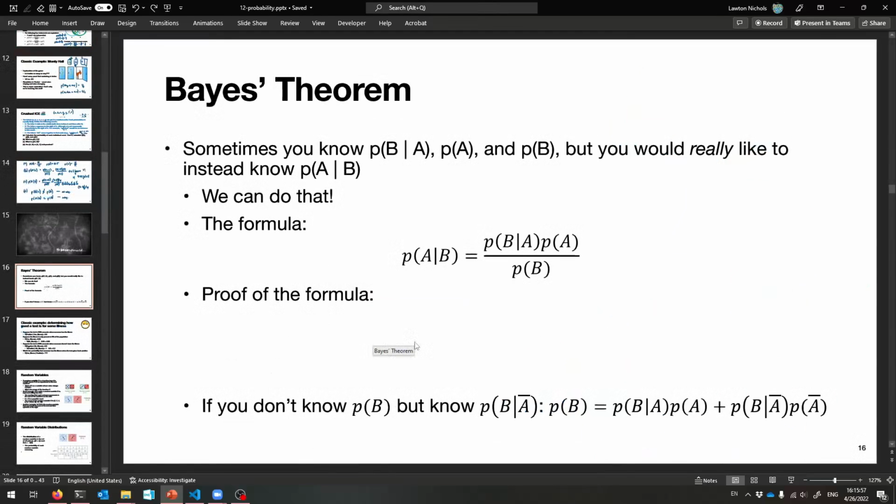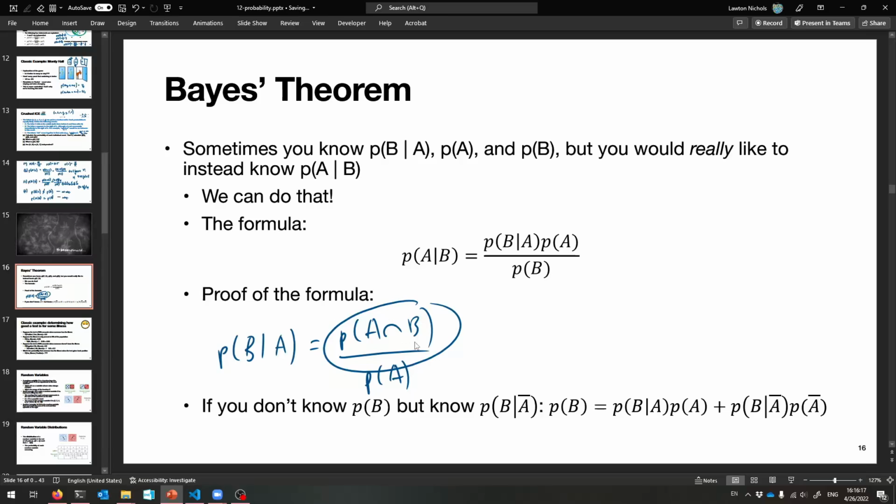Let's start with what we have: the probability of B given A is equal to the probability of A intersect B, I'll just put them in alphabetical order, over the second thing, the probability of A, which we assume we know. We can use this to solve for the probability of A intersect B, just by bringing this to the other side by multiplication. Let's do that, because that's going to lead us closer to the answer.